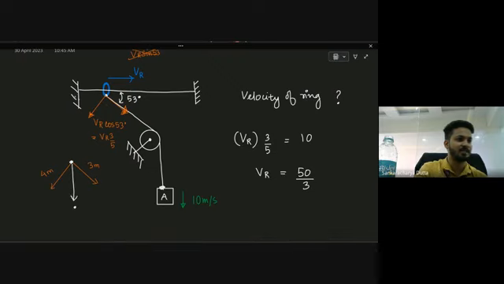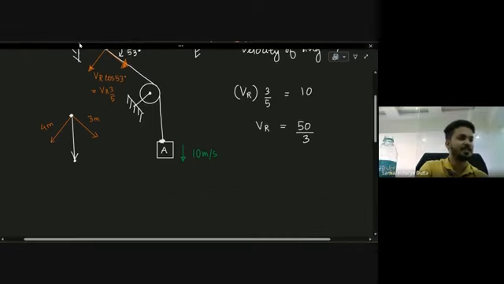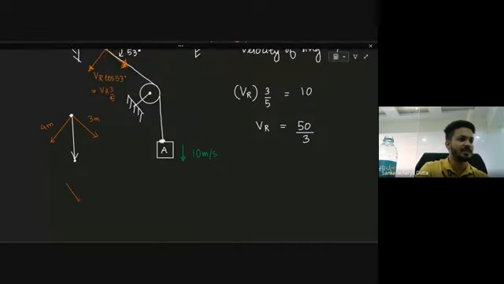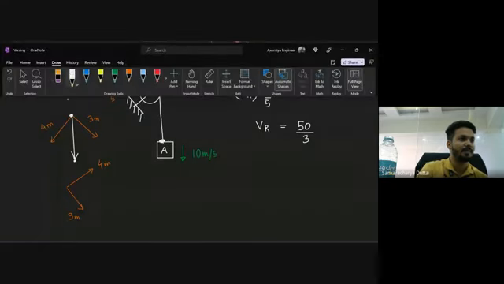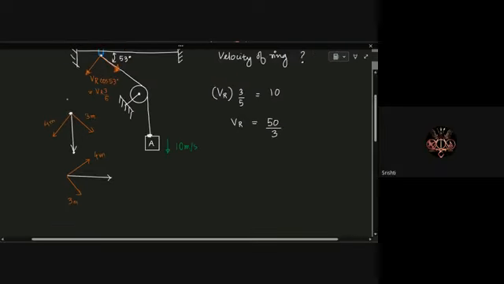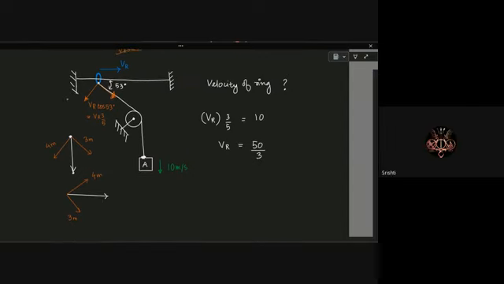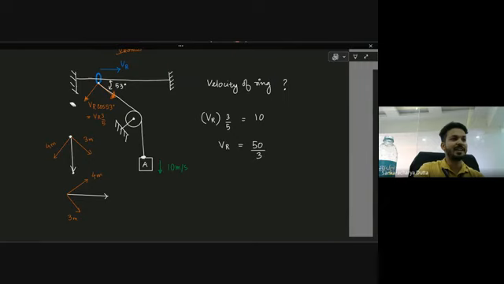Now imagine I went 3 meters in this direction and 4 meters in this direction. Where do you think I end up? Somewhere here. Are both these the same case? So yes, you'll get the same answer.